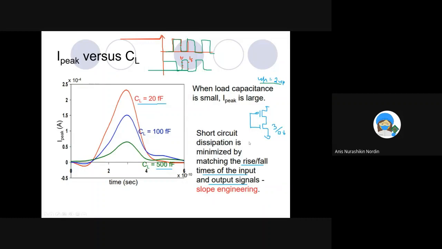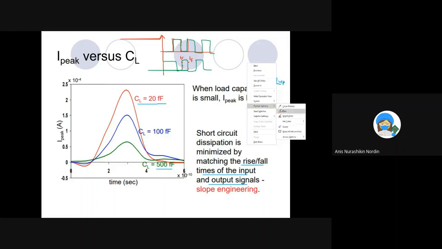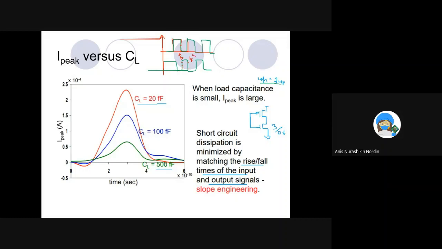So this will be controlled by the PMOS, and the fall time will be controlled by the NMOS, right? So if you have the capacitive load, and the size of the PMOS transistor is not double, then the current for the pull up will be slow, right? So the rise time will not be matching.